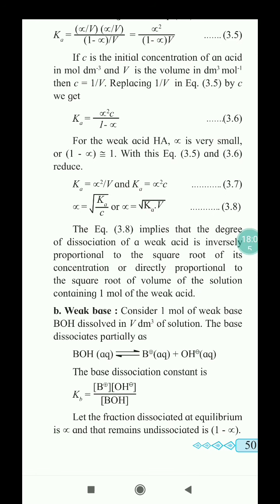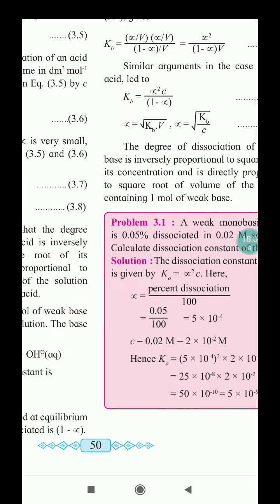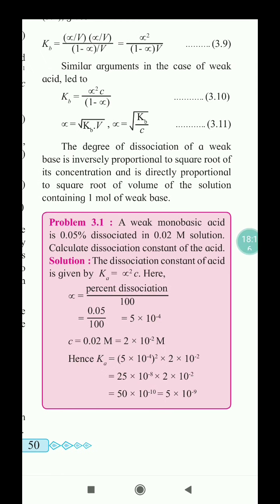Similarly, we can prove for a base Kb is equal to alpha square C, or Kb is equal to alpha square upon V. So again alpha is equal to square root of Kb into V, or alpha is equal to square root of Kb upon C. On the basis of this Ostwald dilution law, we solve some problems.